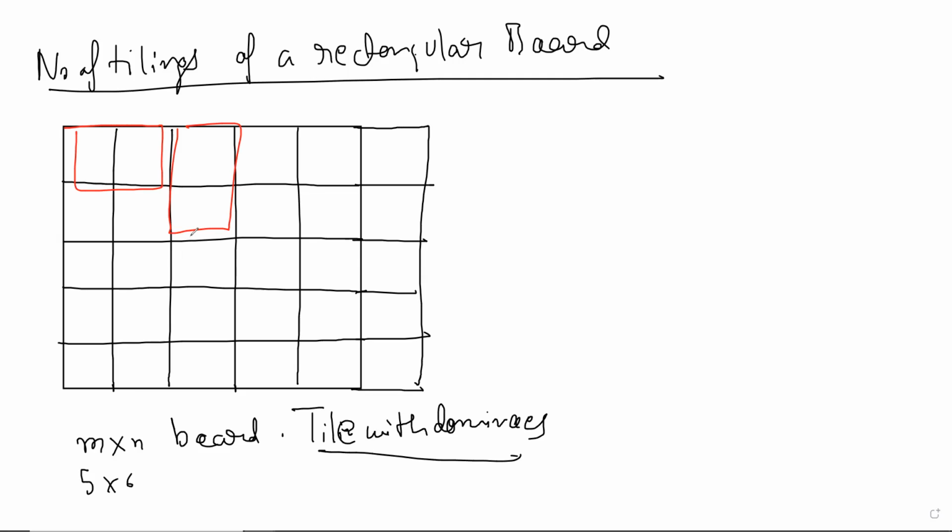You can use them vertically also, obviously, as 2 by 1, and you want to tile the board. So let's say that T(m,n) is the number of ways.